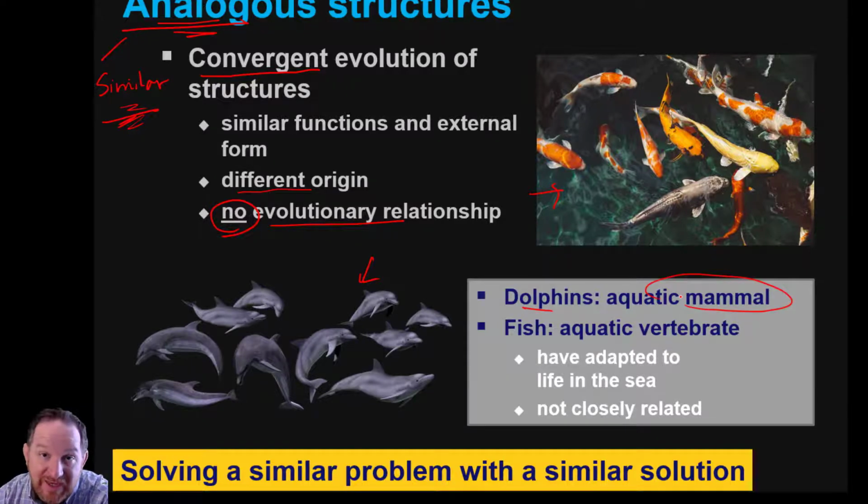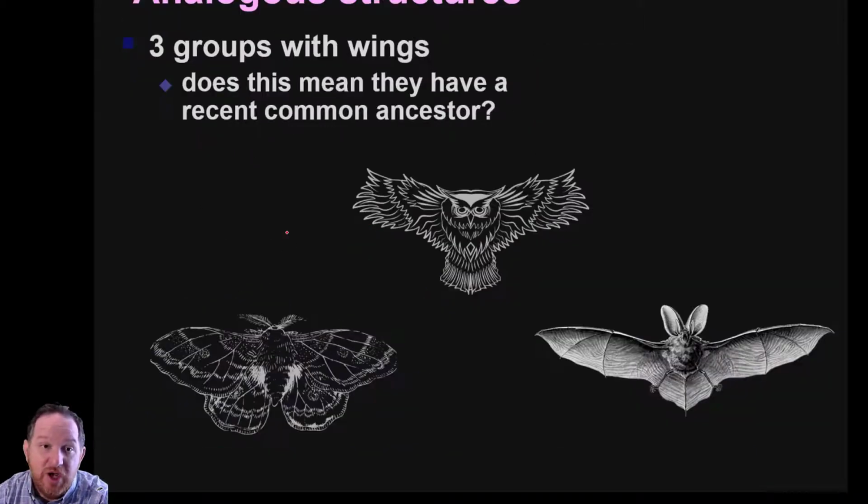More closely related to us than to the fish they swim alongside. Fish are aquatic vertebrates. Both of these things have adapted to life in the sea, but they're actually not related at all. So once again, we see nature with a similar problem coming up with a similar solution. So these analogous structures are similar structures, but they show no evolutionary relationship.